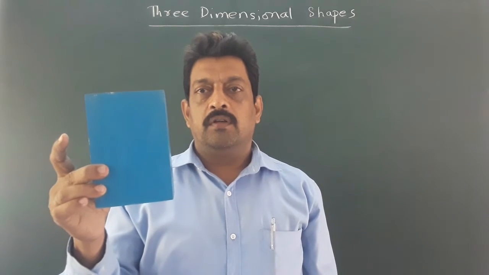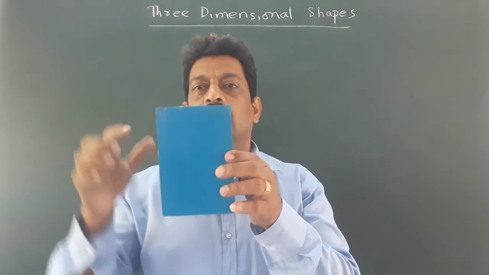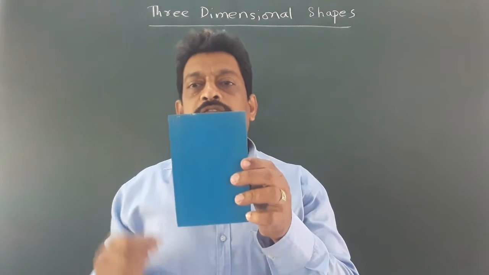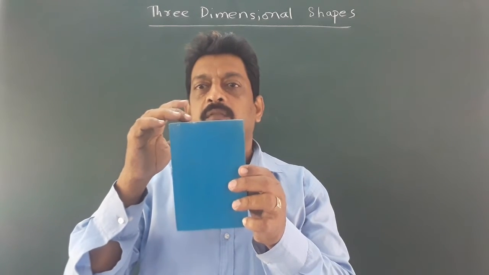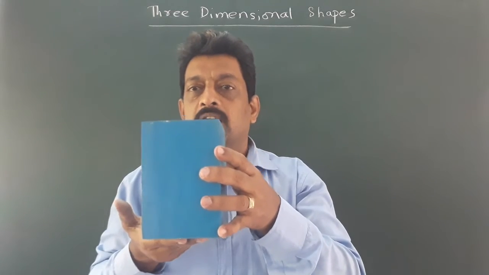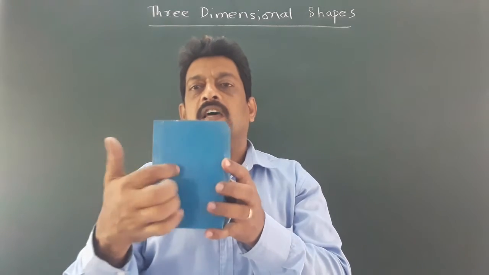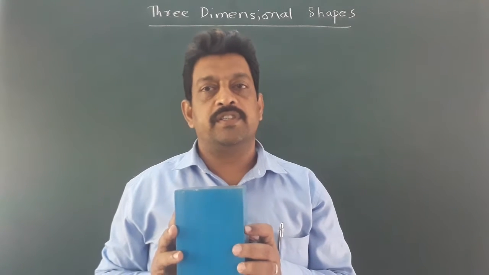Just keep the prism or the solid figure in vertical position and check the top and the bottom. If they are identical, means the shape is identical and the faces are parallel and the side faces are rectangles, then be sure that it is a prism.